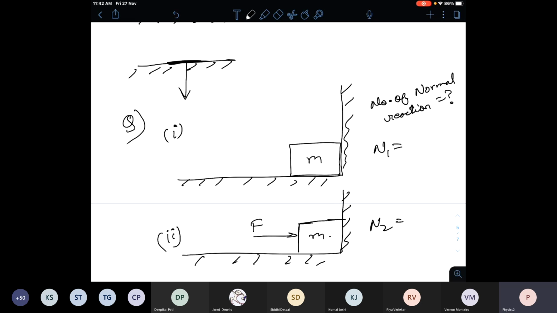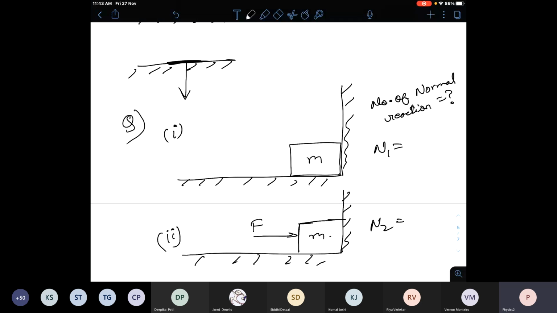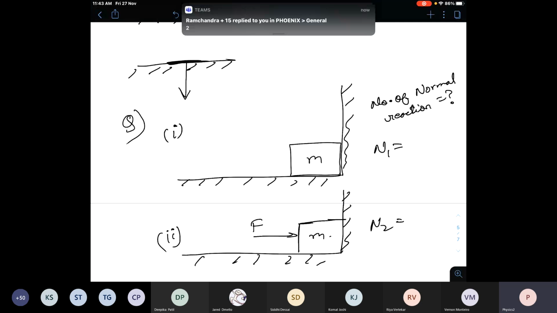Very simple question. One and two. Two for both. Two in both.